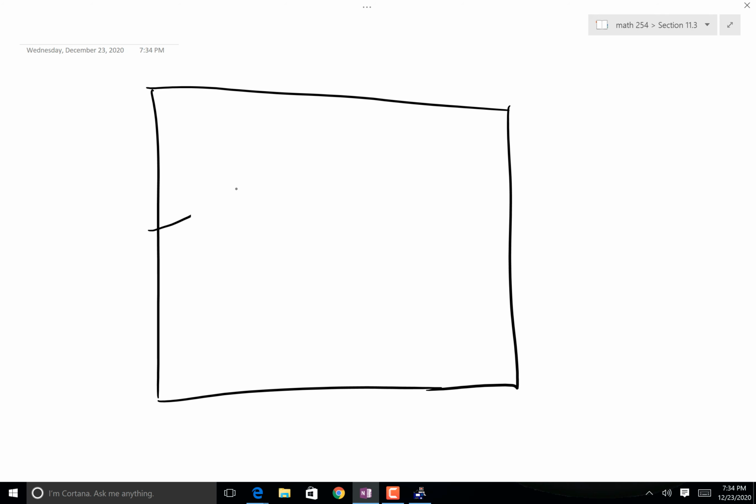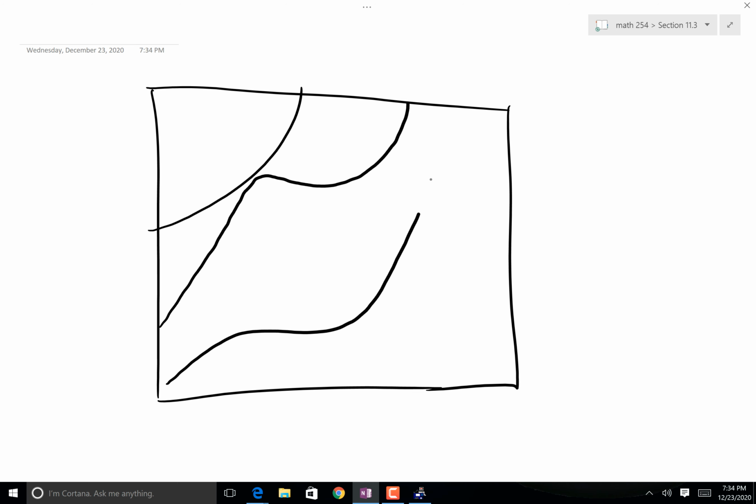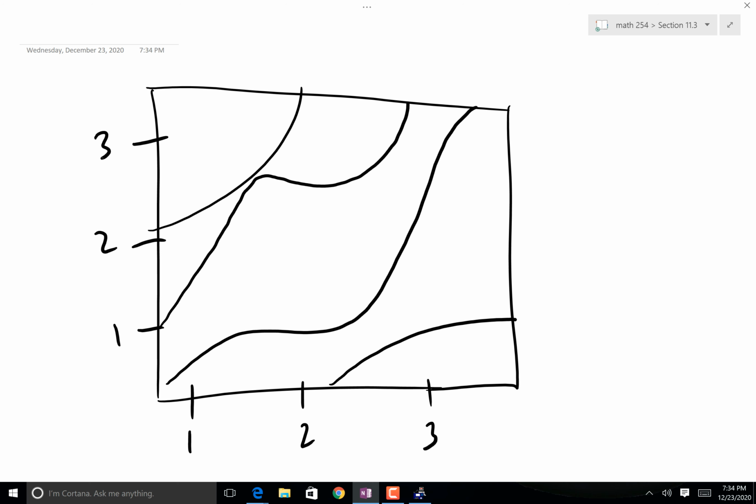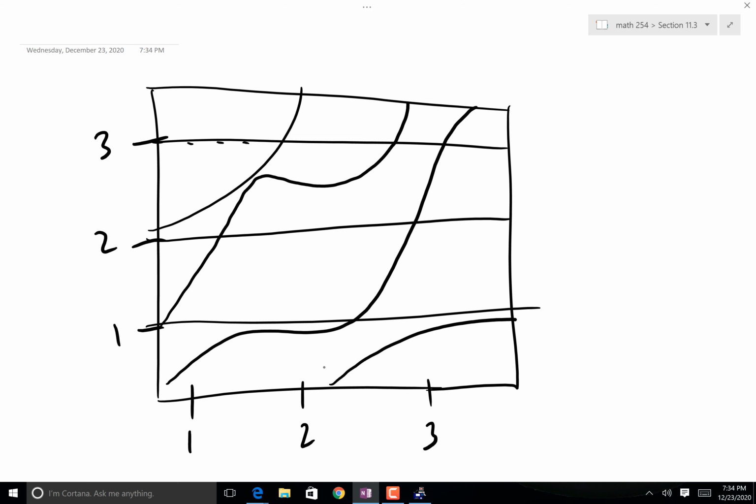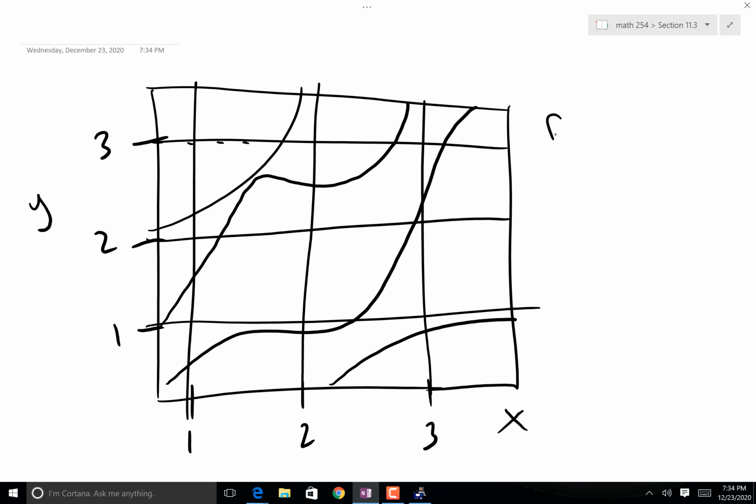If a fella had a contour map like so, and we just drew one of these up not too long ago, and these were labeled 1, 2, 3, and this is X and this is Y. Remember, what are these curves here? These curves are the Z's. You with me? They are the Z's.